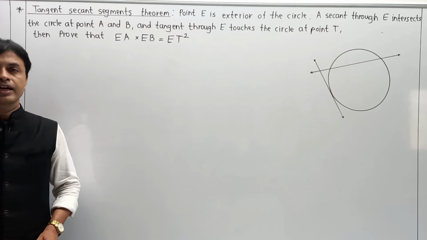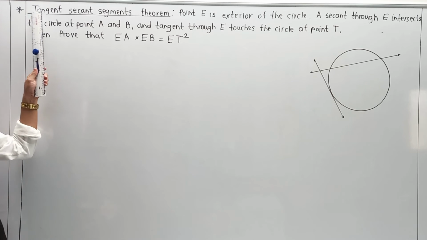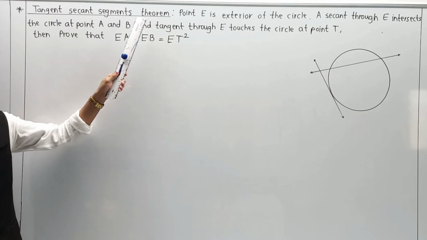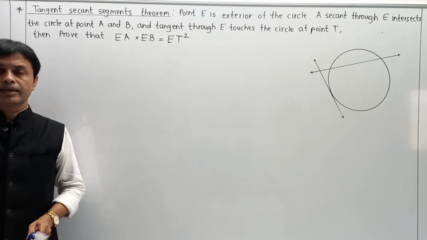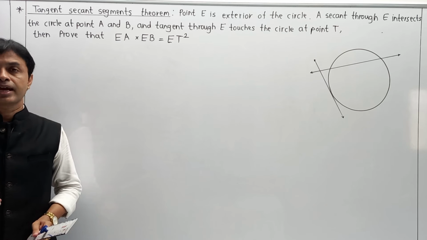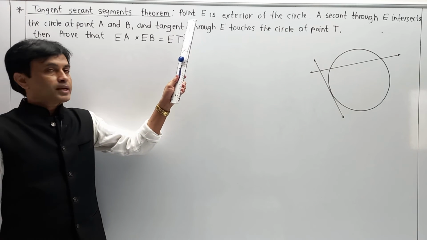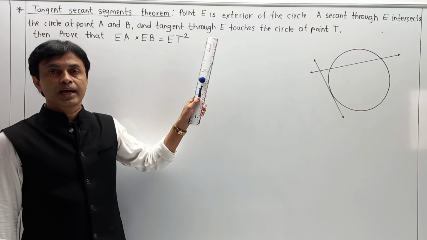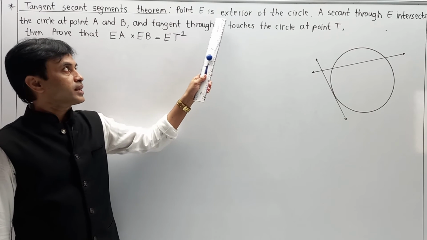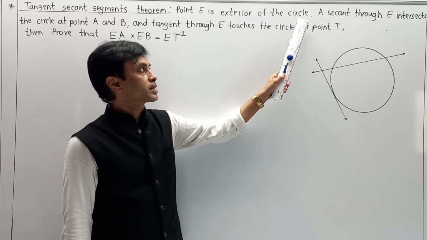Hello friends, continuing with the last part, the next theorem is the tangent secant segments theorem. What exactly does it mean? There is a tangent, there is a secant, and they correlate with some property, so instead of a statement they have given some logical wording. Point E is exterior of the circle.